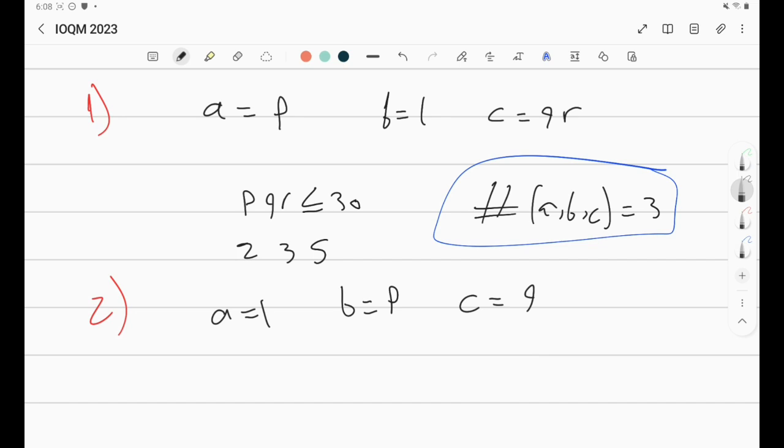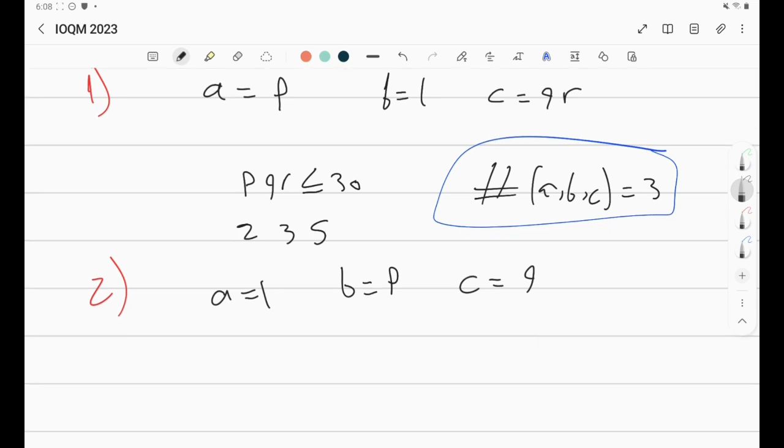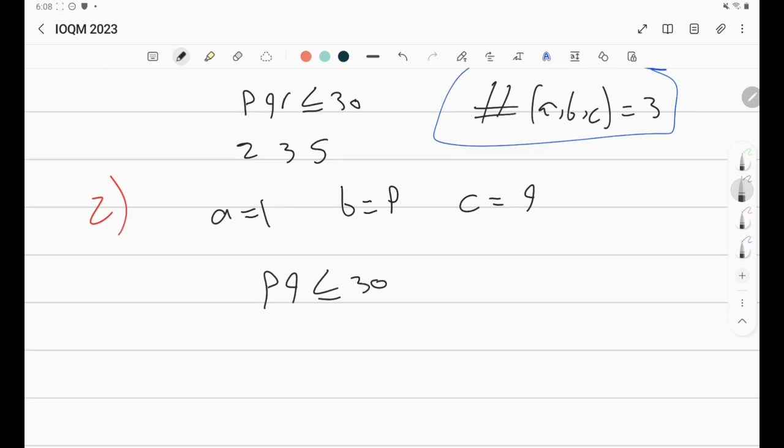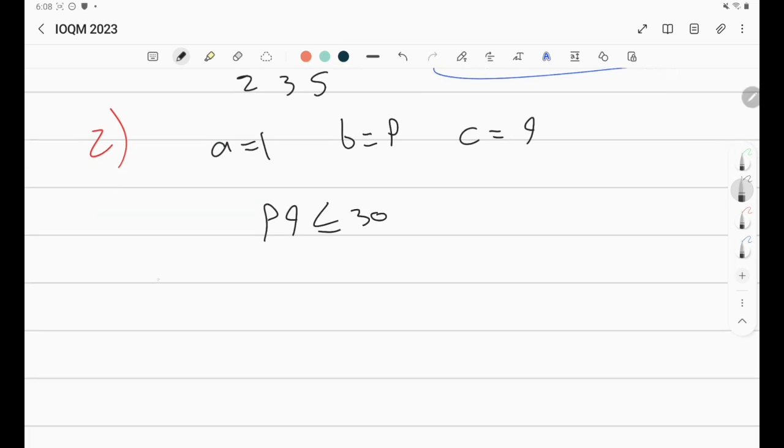That means P and Q are distinct, and the main condition is PQ is less than 30. So we need to count how many primes have a product less than 30, and you can easily do that by writing the first primes to make it easier: 2, 3, 5, 7, 11, and 13 is enough.